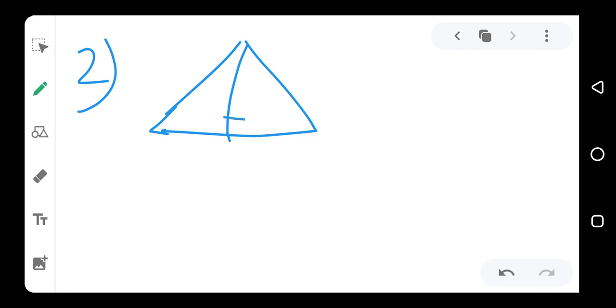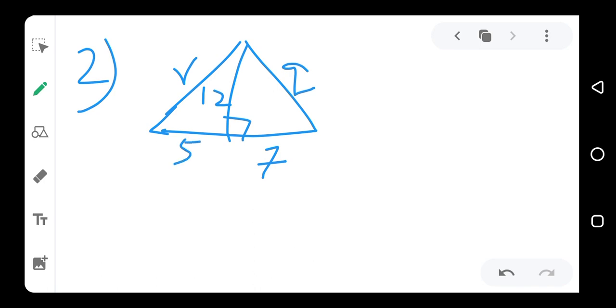Now we have here as Q, and we have here as 7, we have here as 12, then we have here as R, and we have here as 5.